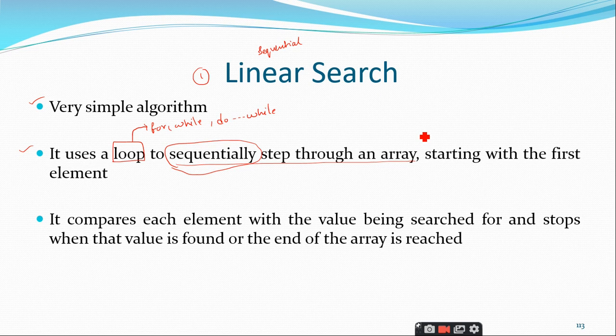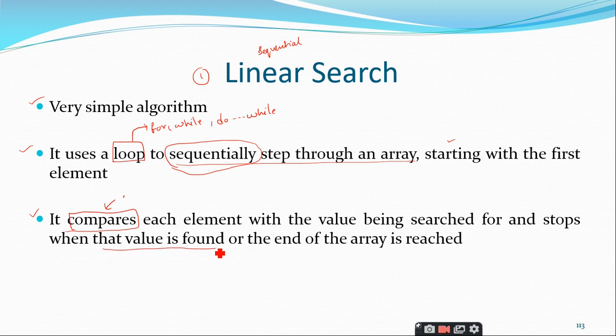This looping and sequential stepping from one element to another element will start with the first element of the array. This is what we have discussed earlier. While sequentially stepping from one element to another element, it compares each element. So this particular operation we are going to do here is comparison. It compares each element with the value being searched for and stops when that value is found.